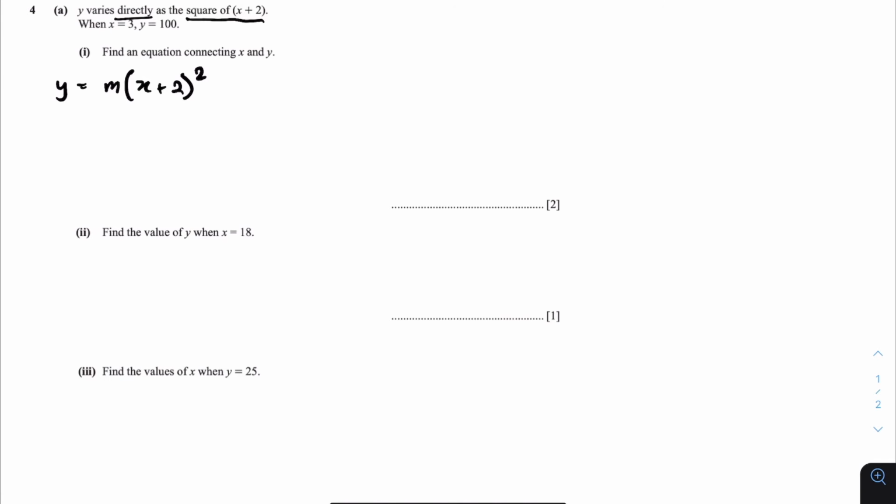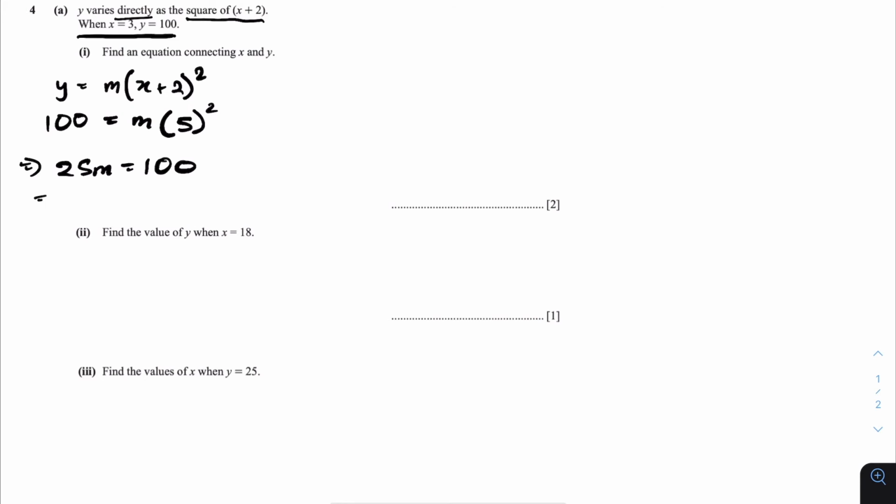Now we can substitute the values given: when x equals 3, y equals 100. So 100 is equal to m times 5 squared, since 3 plus 2 is 5, which simplifies to 25m equals 100. If we divide both sides by 25, m equals 4. So our equation is y equals 4 times x plus 2 squared.